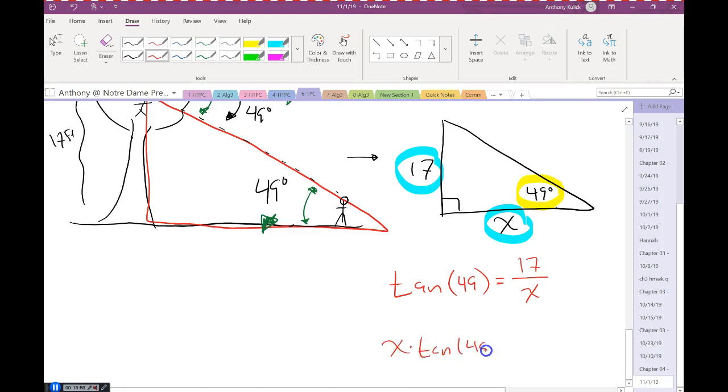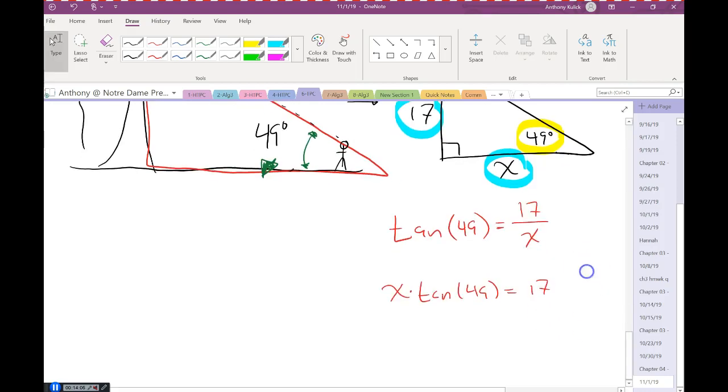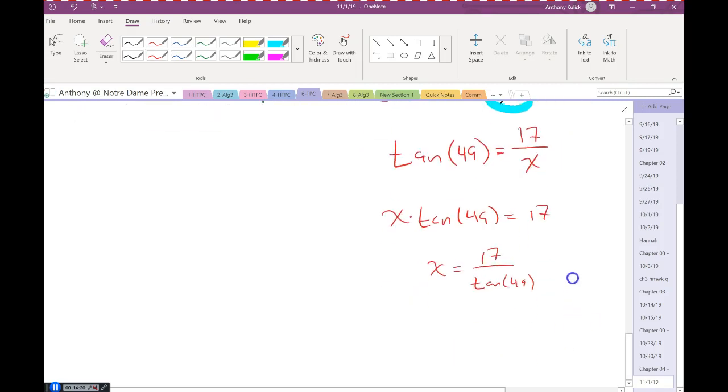If we divide by 17, you're going to be left with 1 over x, which is not the same thing as solving for x. And now that we have x times tan 49, what should we do? Divide by tan 49. And then it's calculator time.